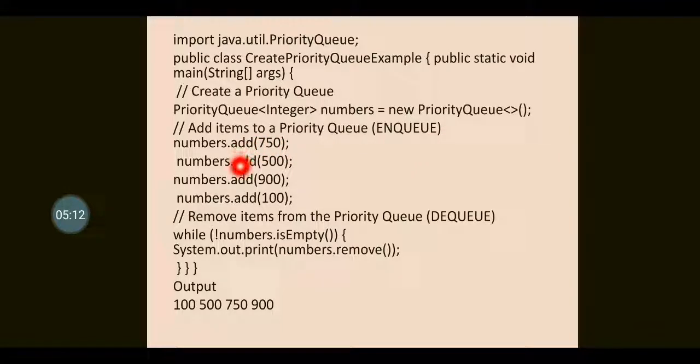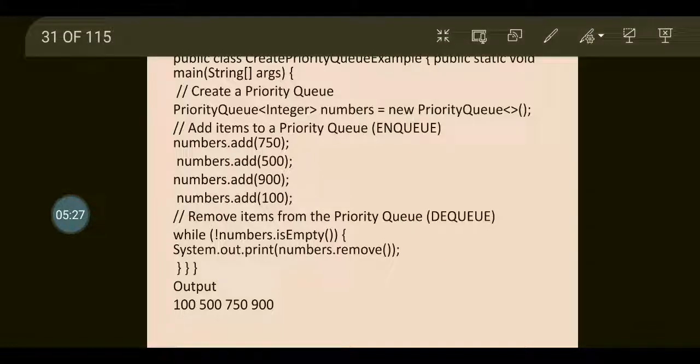With the help of the add method, we can perform the enqueue operation on the priority queue, so that the elements 750, 500, 900, and 100 are enqueued onto the priority queue. As it is a priority queue, the elements are inserted in some priority.